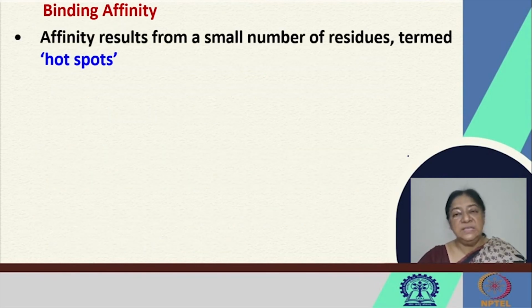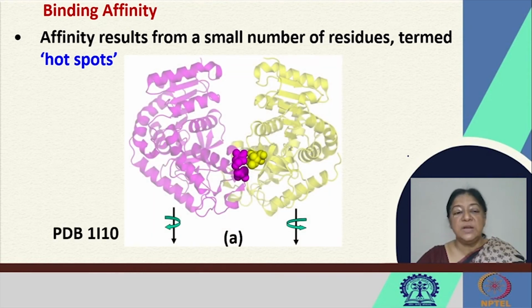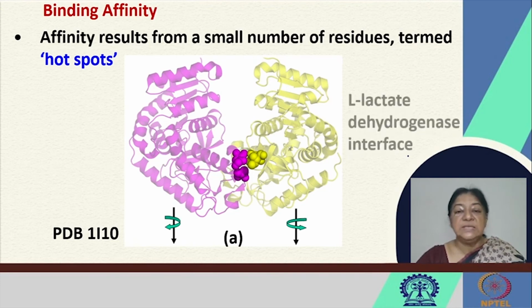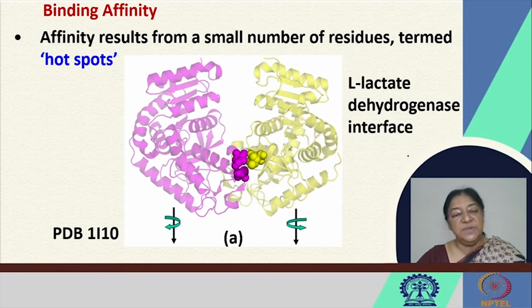So the affinity that we see results from a small number of residues that are confined on the surface that are termed hotspots. These hotspots are involved in the specific interaction that is going to result in the interface residues interacting with each other to form the protein-protein complex.